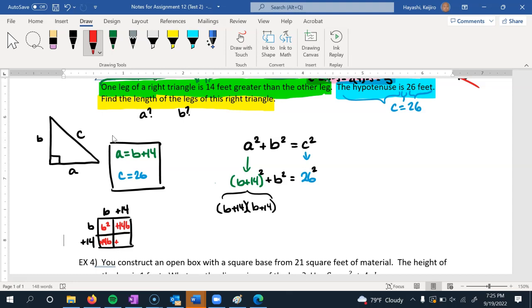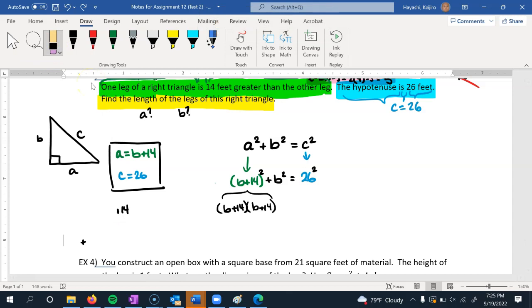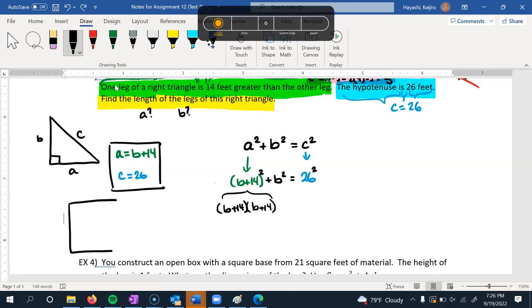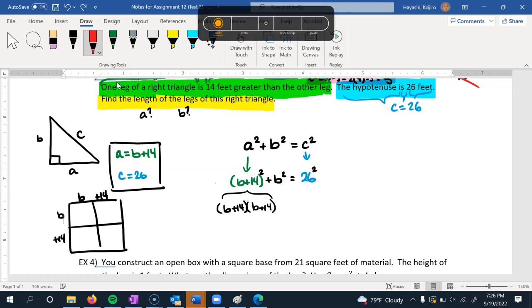Man, these really look like sixes. Let me just draw this bigger. Okay, b plus 14, b plus 14. Okay, so when I say this was b squared, nope.